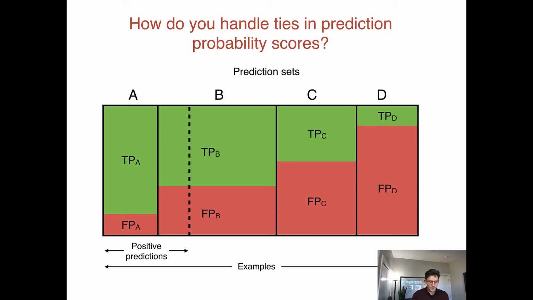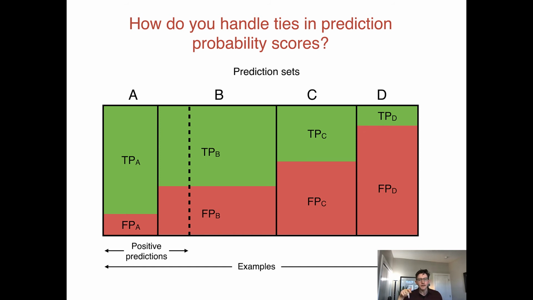That is to say, if here are all our examples along the horizontal axis, it might be the case that all these examples with label A all received the same prediction probability. This comes up often if, let's say, we have discrete predictions. For example, if we cluster and then we're using that cluster indicator as our predictor, or if we have a set of examples, maybe a set of people, where we have some discrete feature, and that's all the information we have.